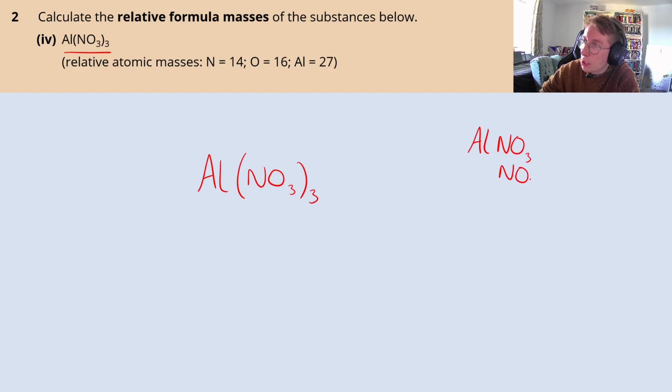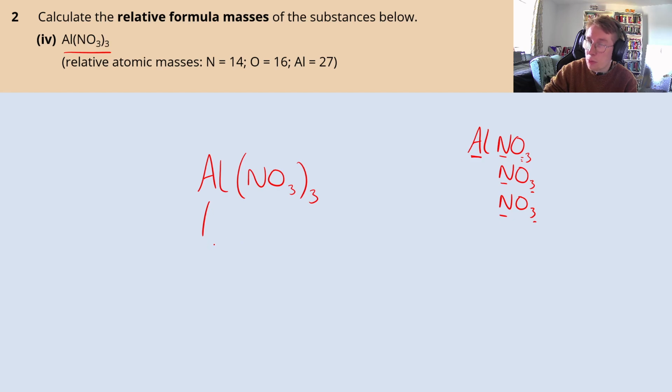So we've got 3 lots of NO3. Okay, so if we count how many atoms we've got that I've drawn over there, we've got 1 aluminium, we've got 3 nitrogens, and then we've got 9 lots of oxygen.